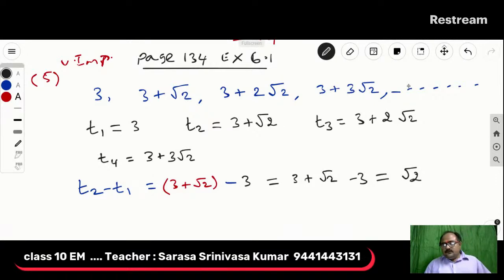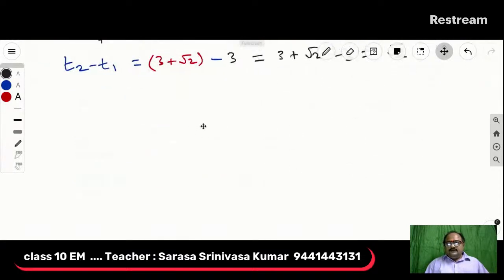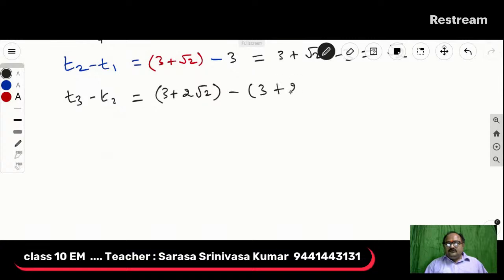Now we find T3 minus T2. What is T3? 3 plus 2 root 2 minus T2, which is 3 plus root 2.